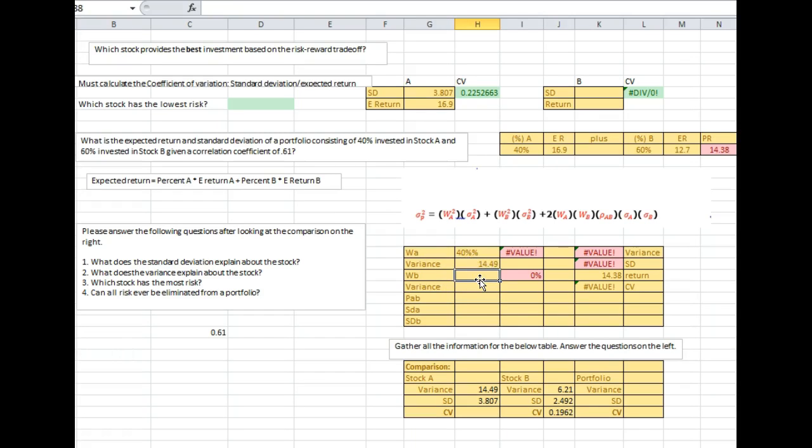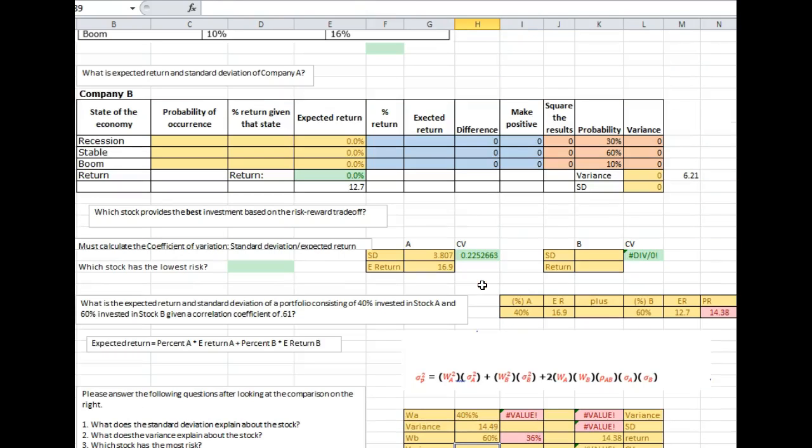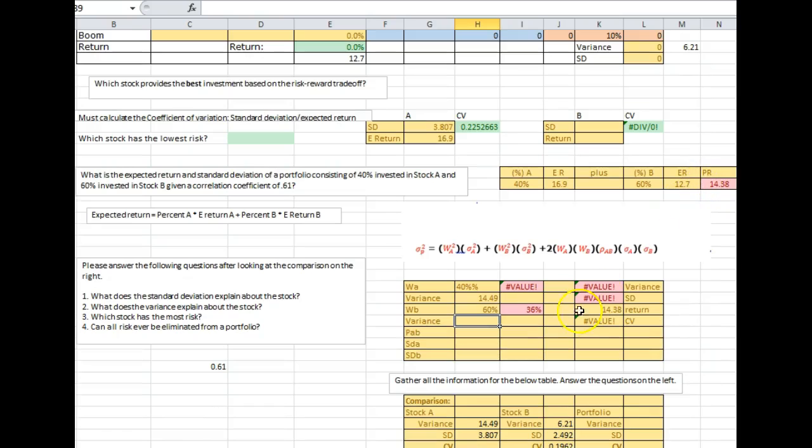B, and B is 60%. And then you'll take the variance of B, once you find it, which is right here, I put it here, 621, times the correlation that they give you of 0.61.